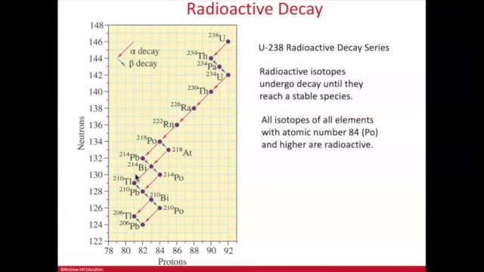Radioactive isotopes are usually large atoms that are naturally unstable due to the large size, having so many protons and neutrons stuffed into the nucleus. So all elements higher than polonium, that's atomic number 84, are radioactive. Some lighter elements have naturally radioactive isotopes as well. That includes the hydrogen-2 and the carbon-14 we talked about in chapter 4.